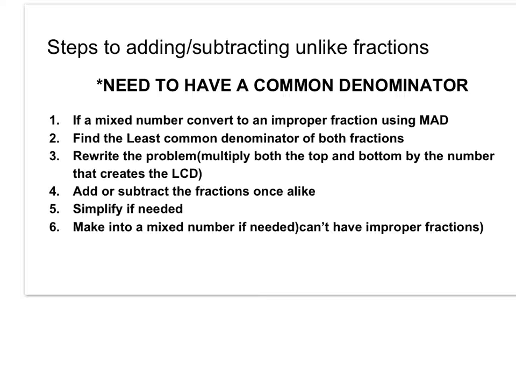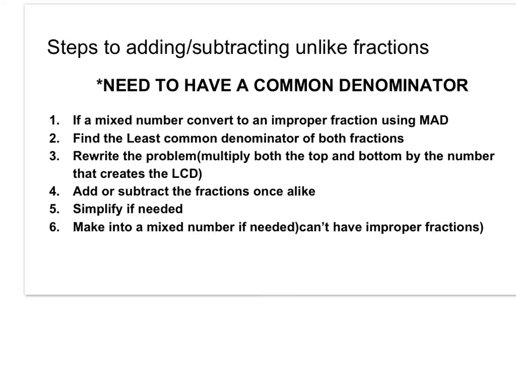So, the first step. If it's a mixed number, convert to an improper fraction using MAD. Again, this step is not always necessary. Remember MAD from our multiplying and dividing topics? That's just how you convert a mixed to an improper.